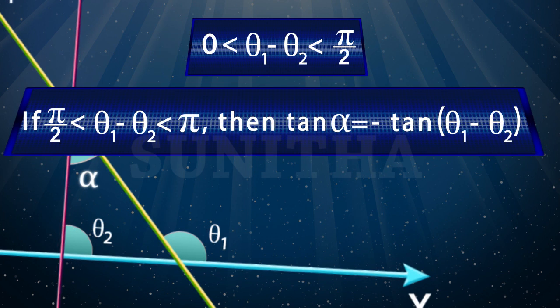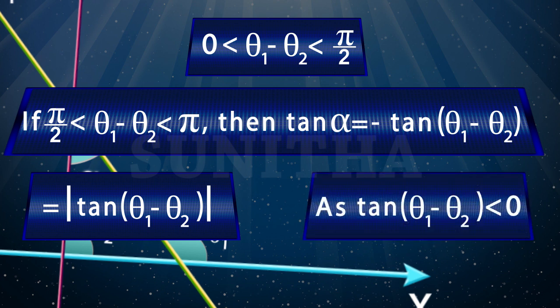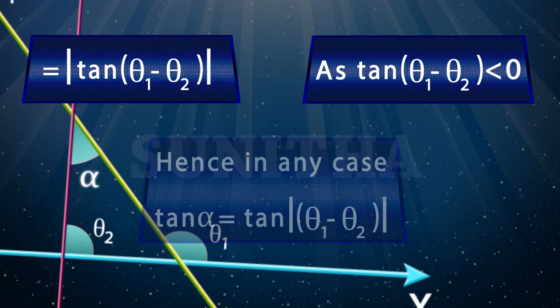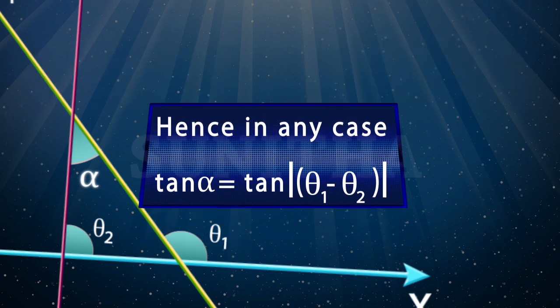If pi upon 2 less than θ1 minus θ2 less than pi, then tan alpha equals minus tan (θ1 minus θ2), which equals mod of tan (θ1 minus θ2), as tan (θ1 minus θ2) is less than 0. Hence, in any case, tan alpha equals mod of tan (θ1 minus θ2).